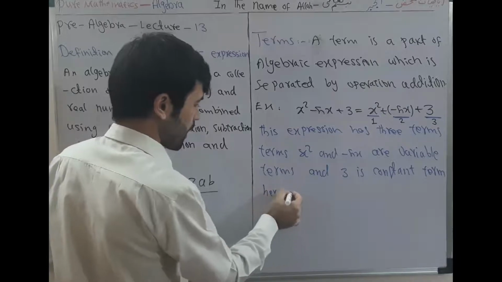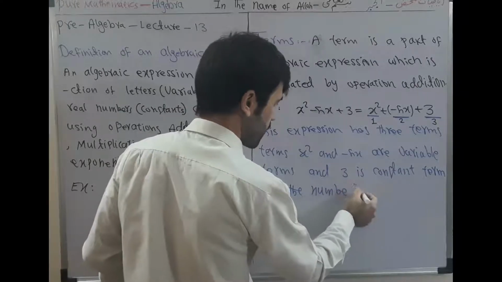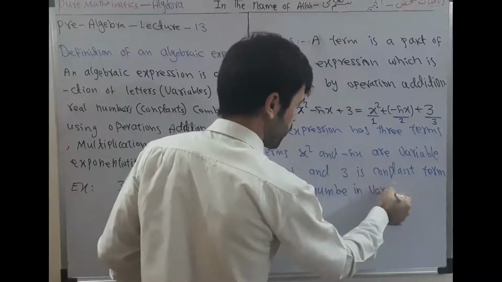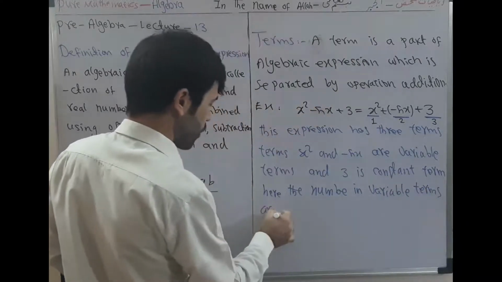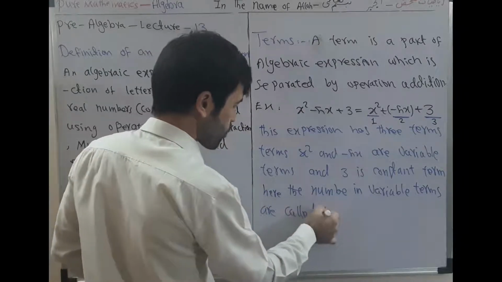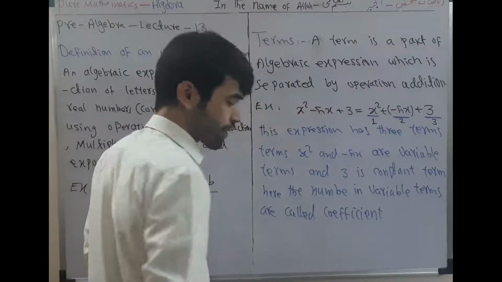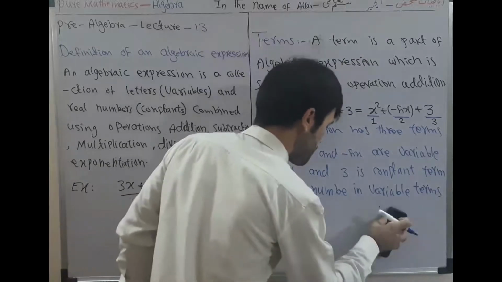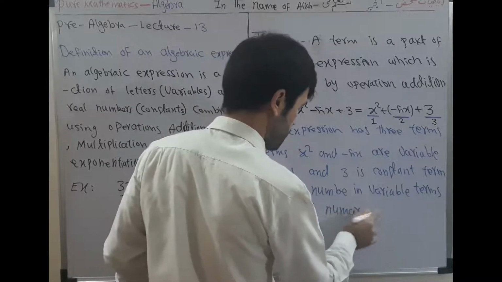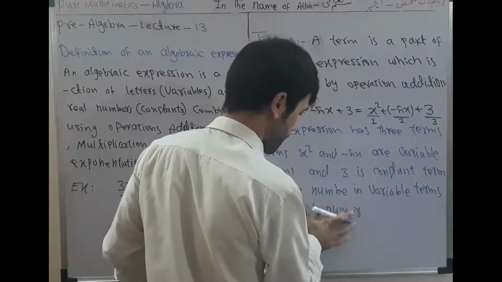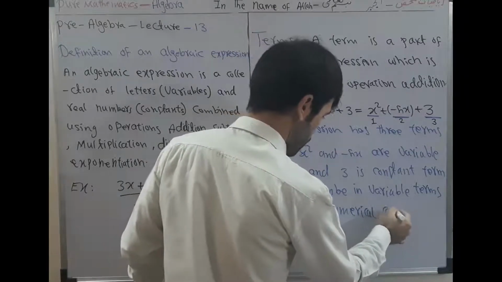The number in a variable term is called the numerical coefficient.